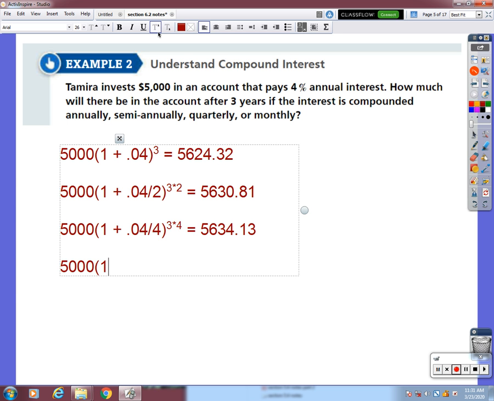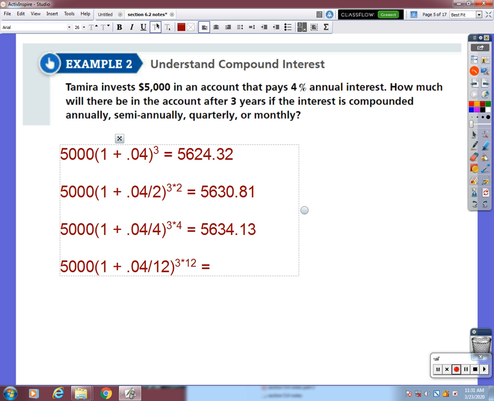And so let's do the very last one. Let's go monthly. So 0.04 divided by 12, because there's 12 months in a year, to the 3 because it's 3 years, but times 12 because we'll end up putting interest in the account 36 times in this case.